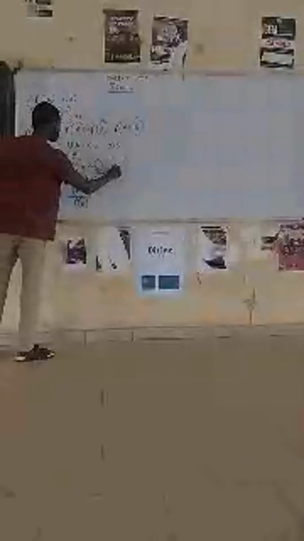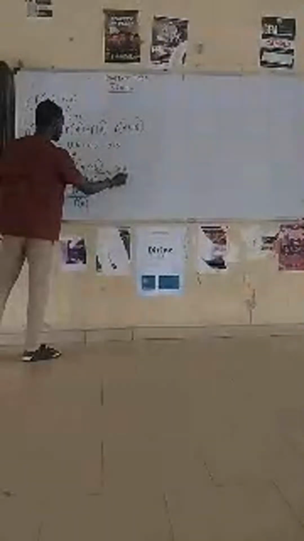Now, intersection is 0.15, and probability of B is 0.3. Our intersection for this is also 0.15, and probability of A is 0.6.